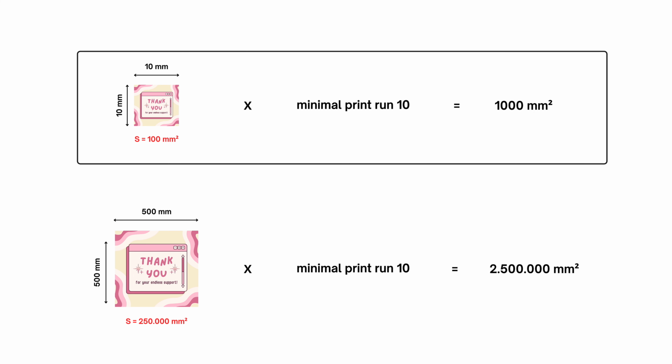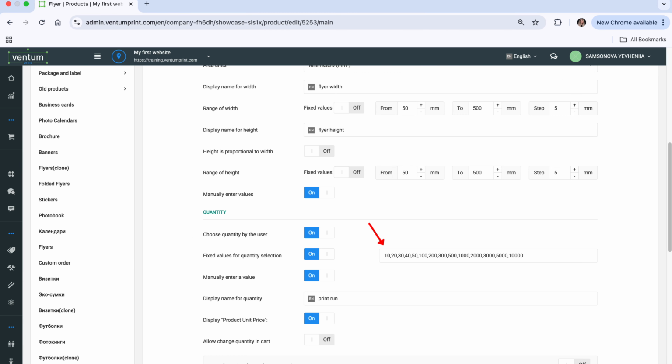But what can we do to avoid printing that small print run of 1000 square millimeters? We cannot increase the minimum print run of 10, as that would prevent users like the one in the previous example from ordering 10 stickers of large size with a total area of 2,500,000 square millimeters. At the same time, we also do not want to print 10 units of the minimum size of 50 millimeters width.